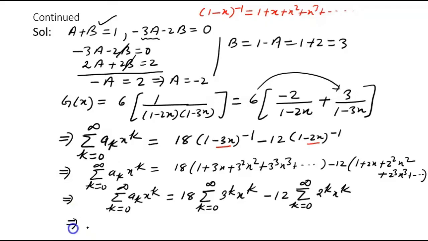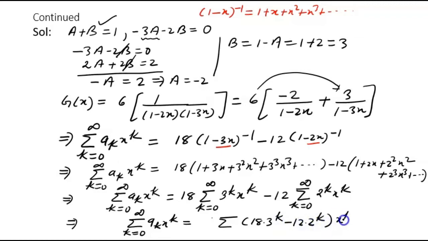If I combine both of these terms, in the left hand side we have the same k varying from 0 to infinity ak x to the power k, and in the right hand side, and this is important because we are almost at the final stage, I will rewrite the expression 18 into 3 to the power k minus 12 into 2 to the power k and then x to the power k and k varying from 0 to infinity. I can take 18 inside the summation because it is independent of k terms, and then for both the terms we can use just one common summation term.